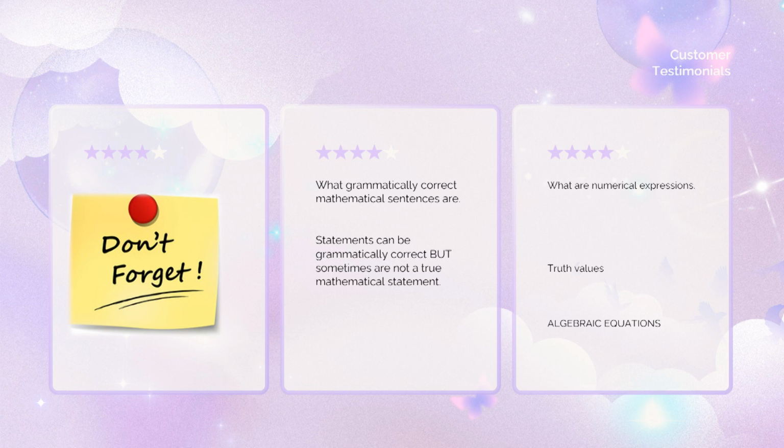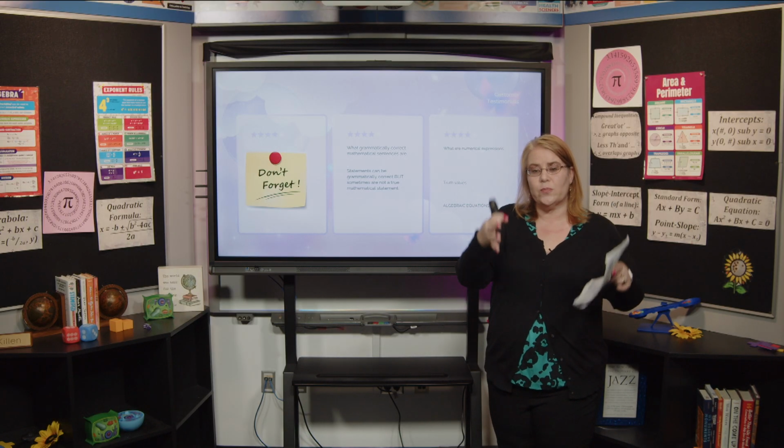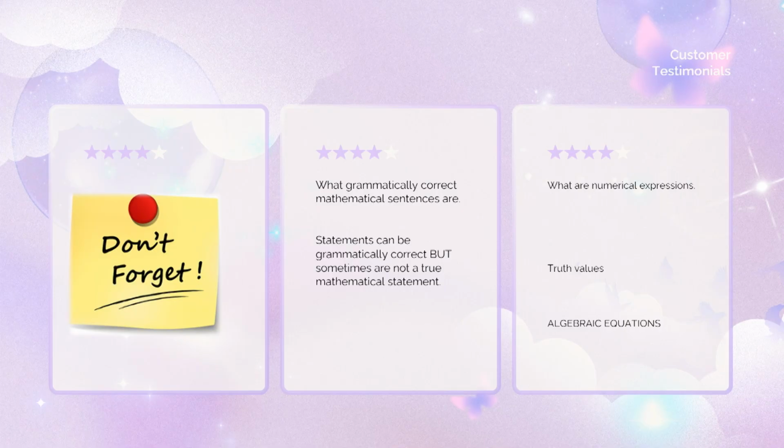What are numerical expressions? Remember, an expression does not have an equal sign. It is just 2x plus 3, or it's just x plus 1. It is just the expression itself. There's no equal sign. Then it says our true values. Our true values are helping us determine if these expressions or if these equations are true or are they false.